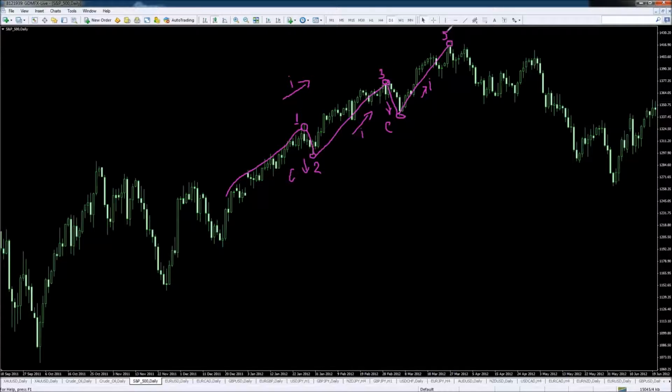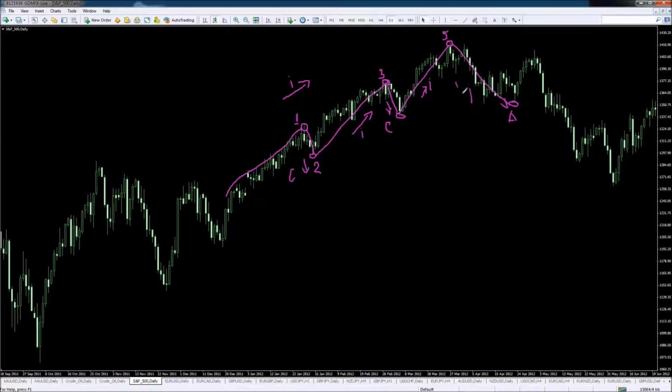Yet again, you can see that the wave starts falling down. The uptrend is over. It changes into a downtrend, from where we have a new wave, let's call it A here, which is an impulsive wave.